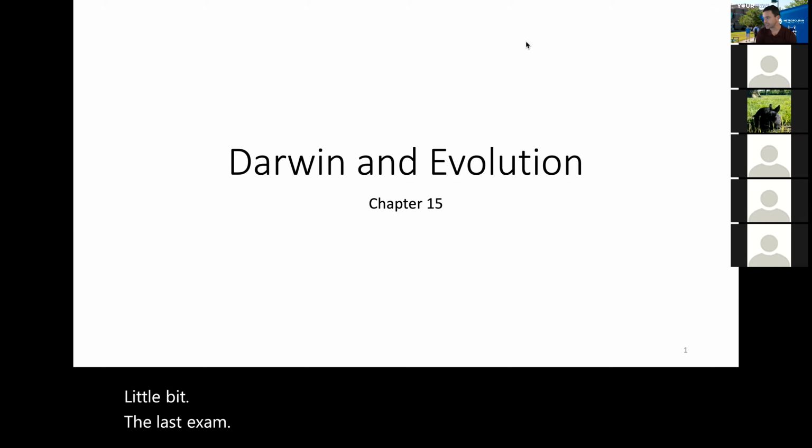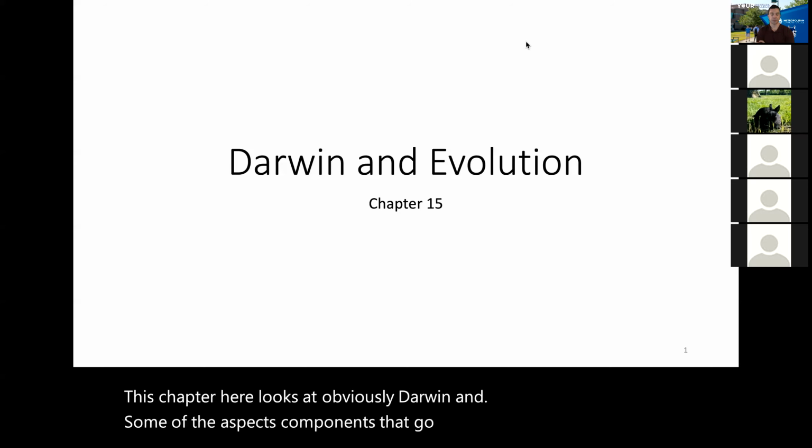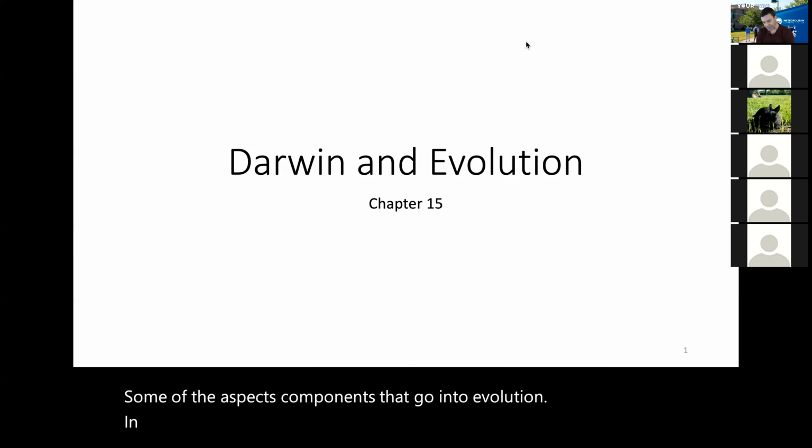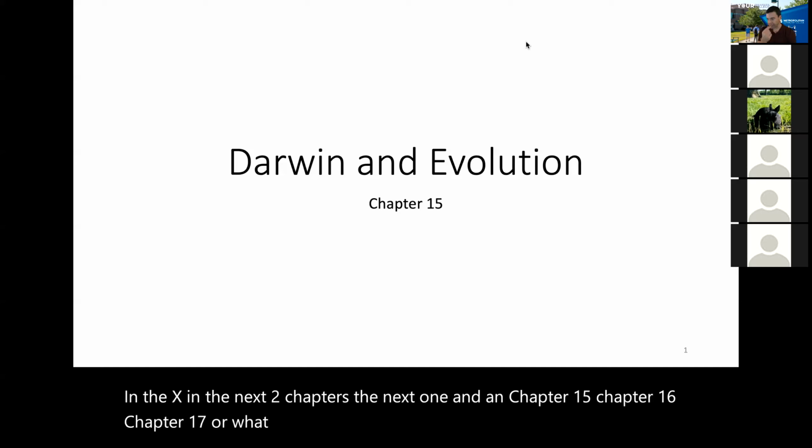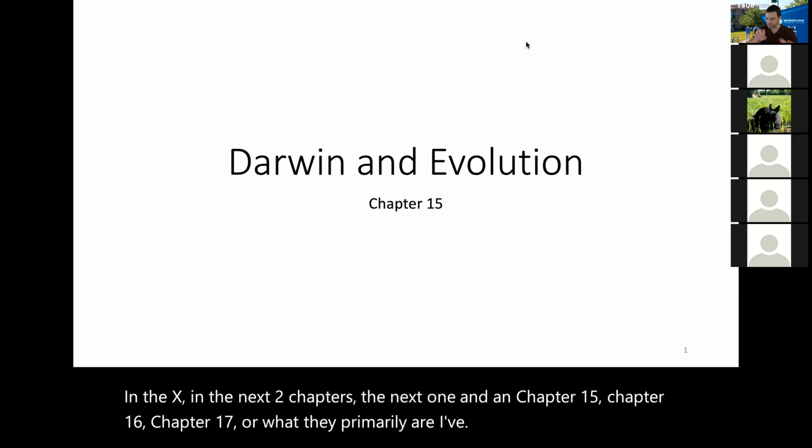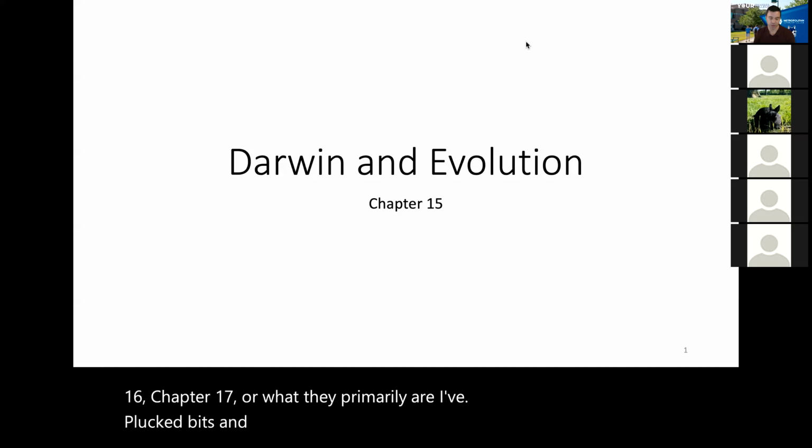This chapter here looks at, obviously, Darwin and some of the aspects, components that go into evolution. In the next 2 chapters, chapter 15, chapter 16, chapter 17 are what they primarily are. I've plucked bits and pieces, so if you do read the book, that's great.